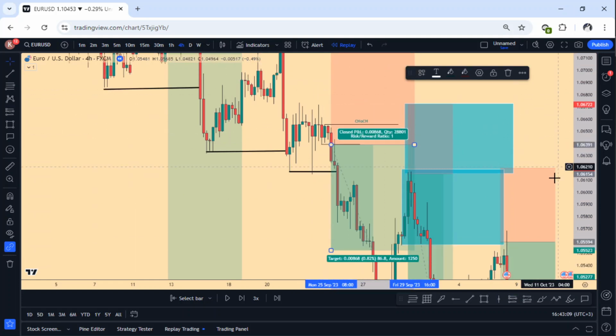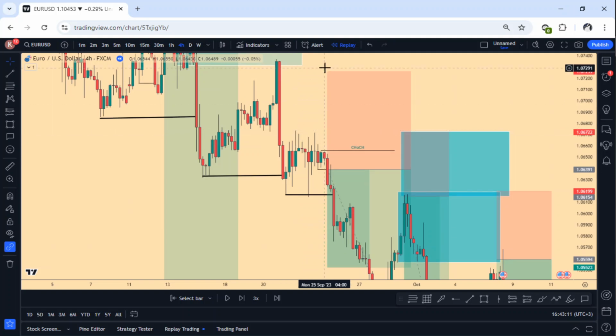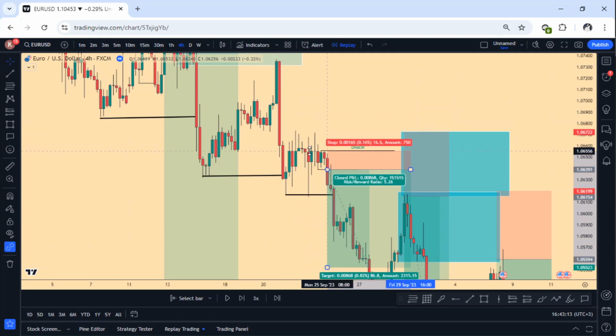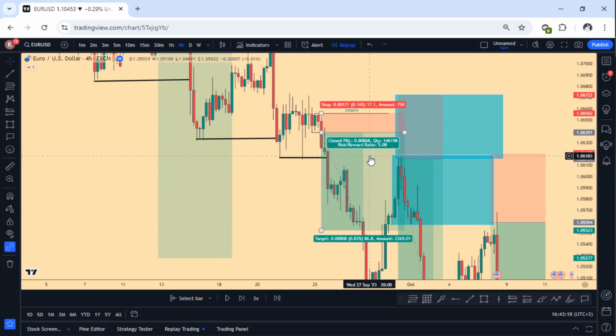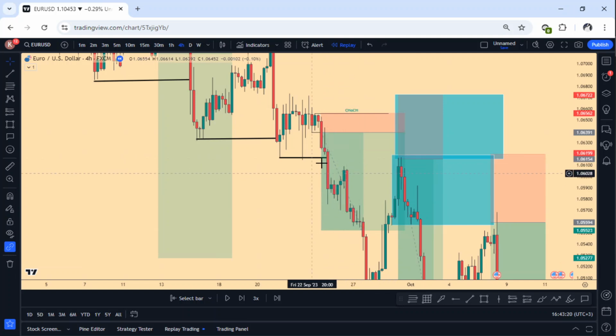If this is broken, the market sells, and then you give your stop losses here. If that is broken, that is how it should move. And you can see the market came back to it, respected this zone and sold.